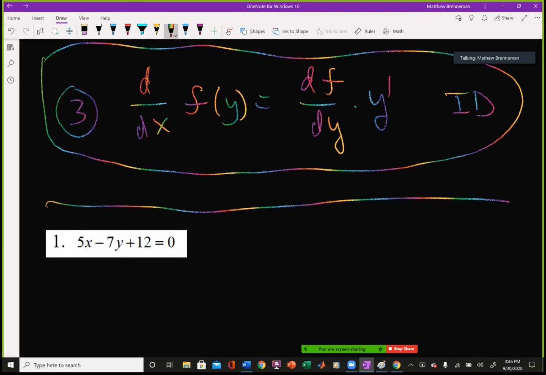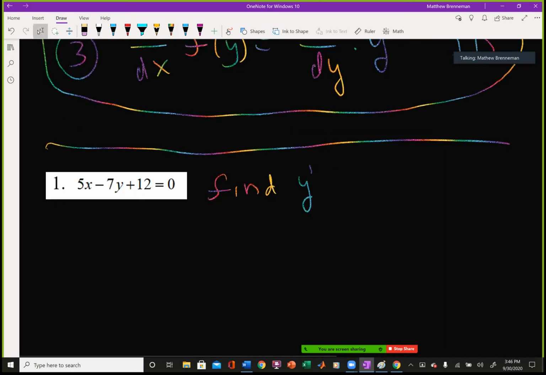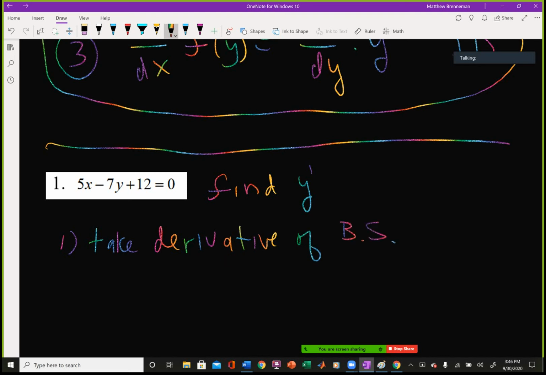Okay, so what I'm always going to do is I want to find y prime, which is dy dx, right? I'm going to start off by taking the derivative of both sides with respect to x. BS means both sides, by the way.